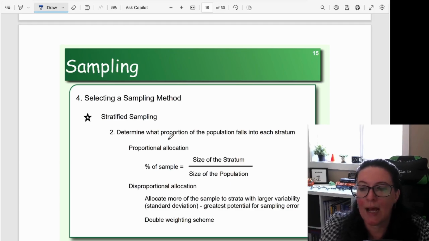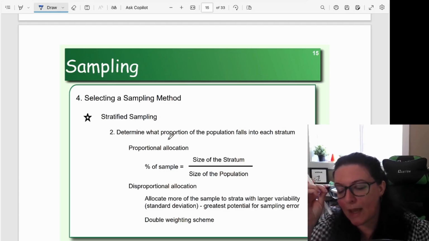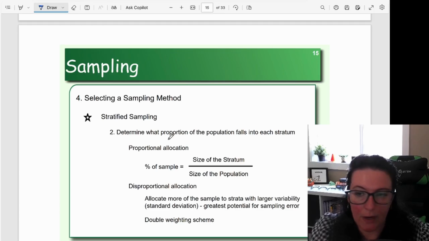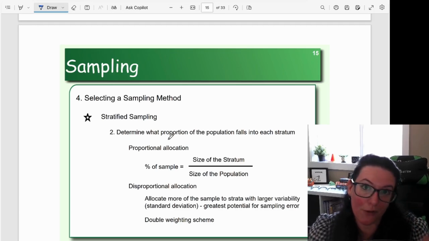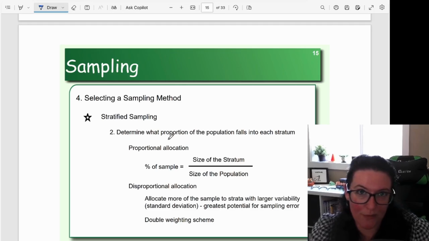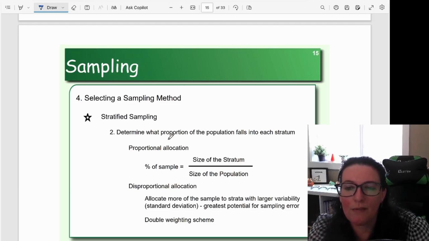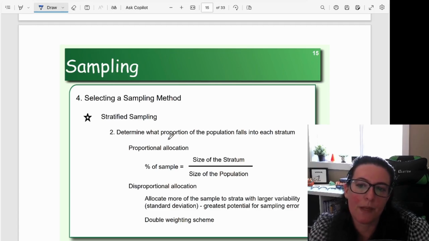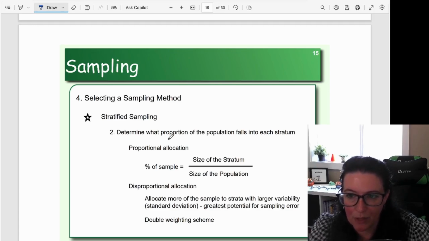So if we look at the breakdown of our program, let's say that 20% of our students are first years, because you can also leave after the first year or leave after the second year, or you can continue on for the 4, whether you want a certificate, diploma, or a degree. So if our first years are 20% of the population, then we want them to be 20% of the sample. So we would look at the size of the stratum compared to the size of the population so that we could have that same representation.